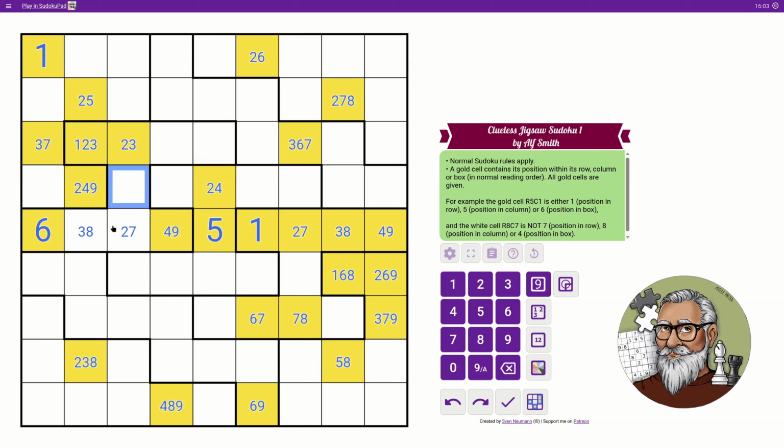Am I missing any digits that are not represented? 1, 2, 3, 4. 5 is not represented. See, that was what I should be looking at. Yeah, I'm just very slow. Because this one can't be 5, right? Otherwise it has to be gold. This one can't be 5 from Sudoku, and there are no others. Those can't be 5, so this couldn't be 5, and this couldn't be 5. So this one has to be 5. I'm not sure how far this gets me, but at least now I have one.